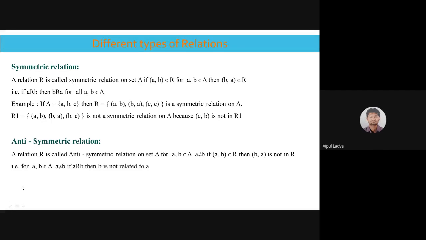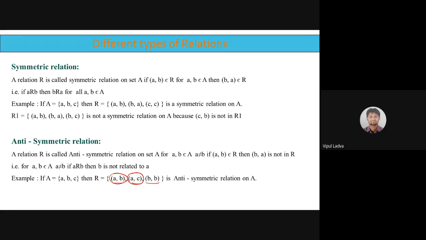Let me give you an example. Suppose that in set A we are having three elements A, B, and C, and this is the relation R. In that relation, the three ordered pairs are there: A comma B, A comma C, and B comma B. Now think on the first. A comma B is there. Do we have B comma A over here? No. A comma C is there.